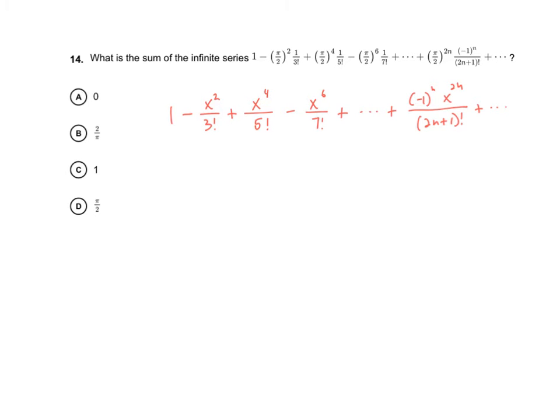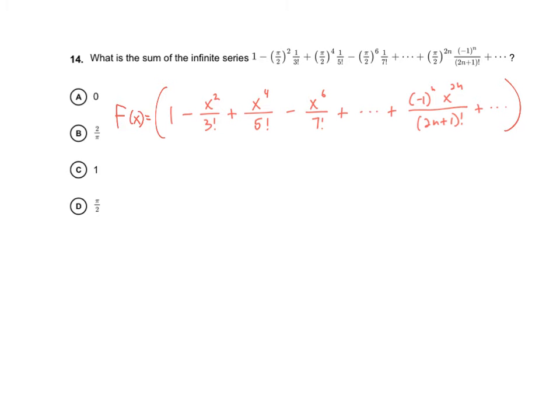Alright, let me think about what the best way to do this is. The weird thing is that these exponents are always 1 less than the factorials. So we could just multiply everything by x to get them to be the same. First off, let's call this f of x. This is our function that will eventually be, in some way, plugging in pi over 2 into.